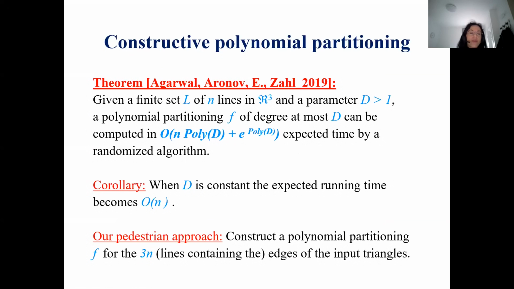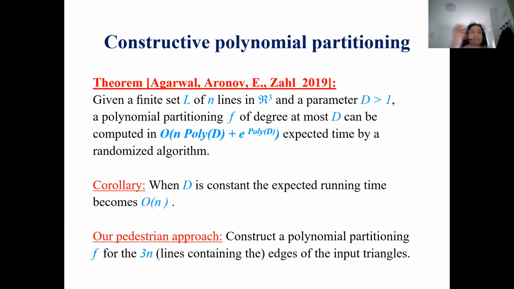Okay, and what about the algorithmic versions of polynomial partitioning? There is a recent work of mine with Agarwal, Aronov, and Zahl, where we showed that the theorem of Larry Guth is constructive, or can be made constructive. What does it mean?